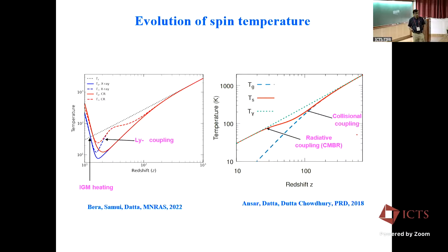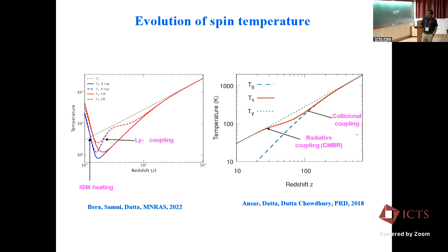Right? So here are two plots which show the temperature as a function of redshift. So if we look at this plot, the x-axis is the redshift axis, and this dotted line is the CMB temperature. So it falls as 1 plus z, right?